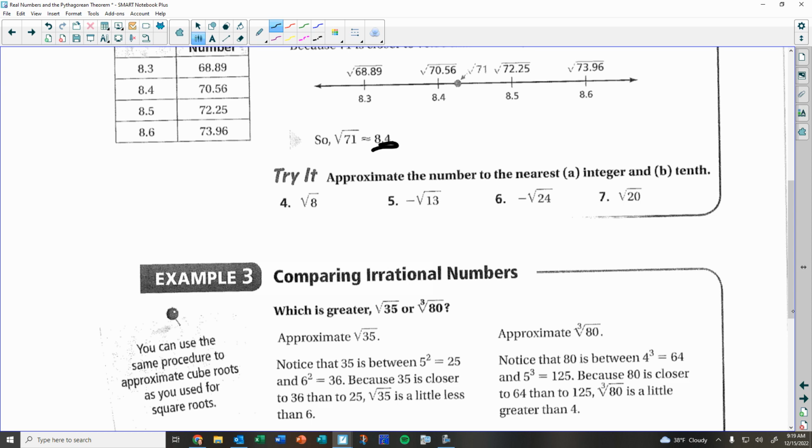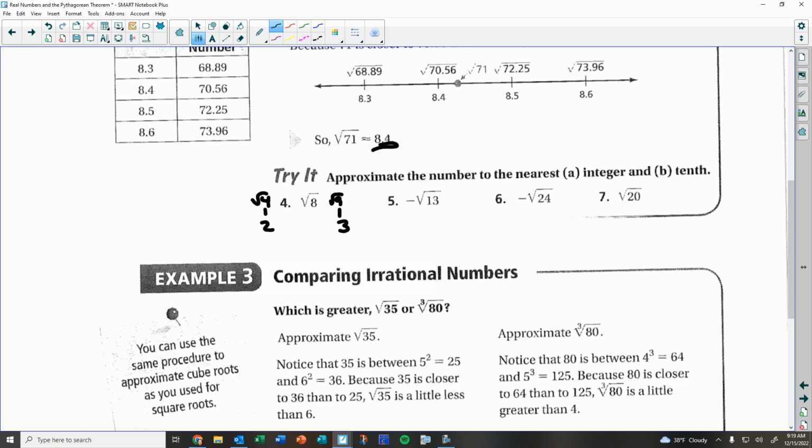Anyone got? Yeah, the square root of 9, right? Which is 3. What's the other square root? Square root of 4, right? Which is 2, right? All right, so it's between these two, right?